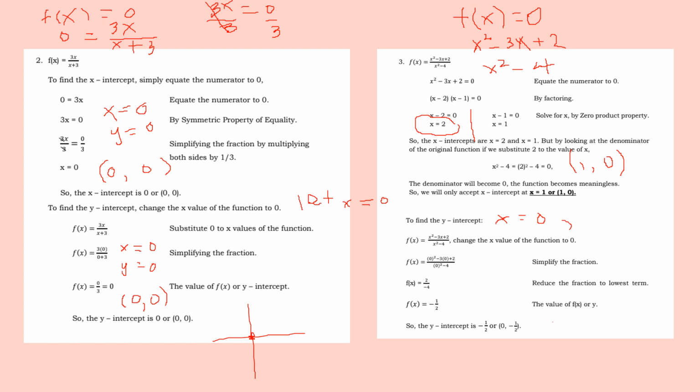Ang y daw natin is, or the f of x is equal to negative 1 half. Negative 1 half. So, what is our y-intercept? Our y-intercept is 0 and negative 1 half. So, kung ipapakita mo yan sa graph, okay? Kung ipapakita, sorry.